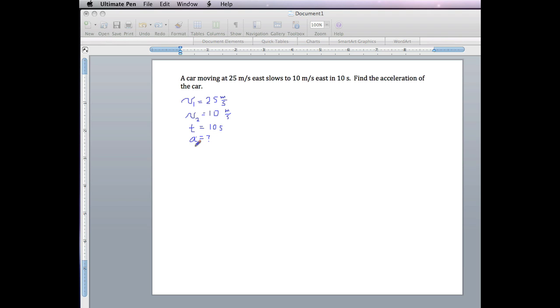The formula that involves initial velocity, final velocity, time, and acceleration is: acceleration is the change in velocity, delta v, over the time, t.